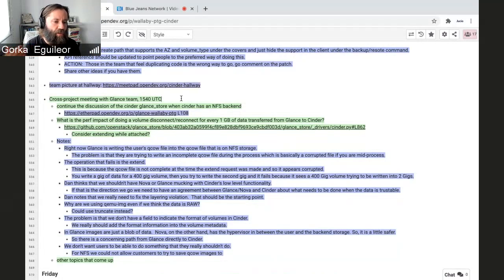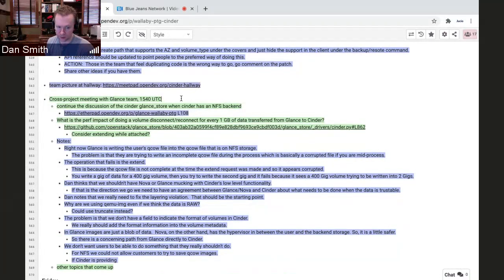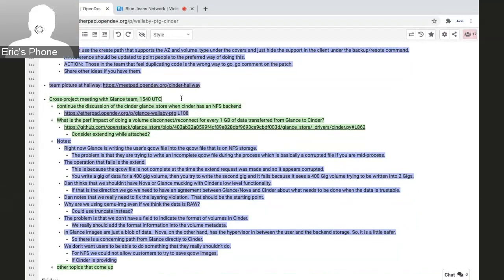Similarly, Glance store would check if Cinder is providing NFS with QCOW2, and it would say, nope, this is not good. It needs to be that if NFS is providing anything but raw, right? Exactly.